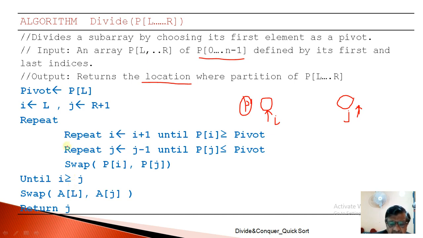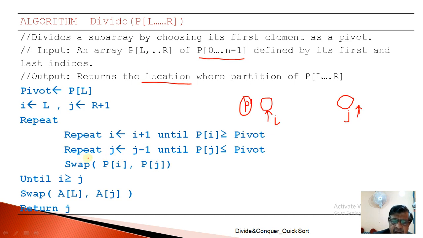Now, before they crash or come and stand at a particular position, these loops should work. Repeat: I equal to I plus 1 until P of I is greater than or equal to pivot. The array element which is the rest of the pivotal element should be greater than or equal to pivot.